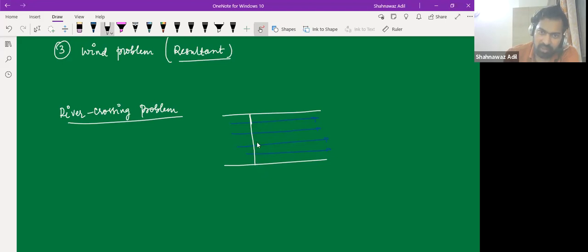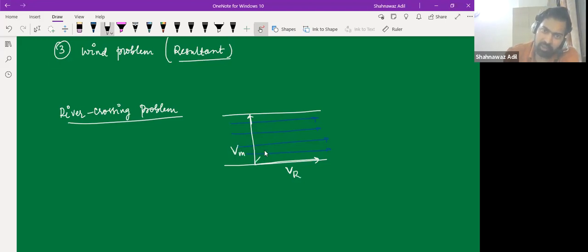When this man moves with this velocity, due to the resultant, it will move in this direction, because this is the velocity of the stream or river, and this is the velocity of the man.